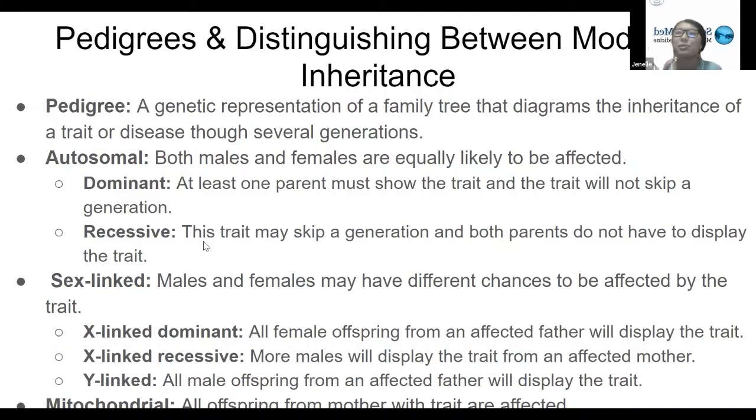Sometimes you would have a family member who is homozygous for the dominant trait and then a heterozygote of the same trait. If you do that cross, all of their offspring will have the dominant trait.